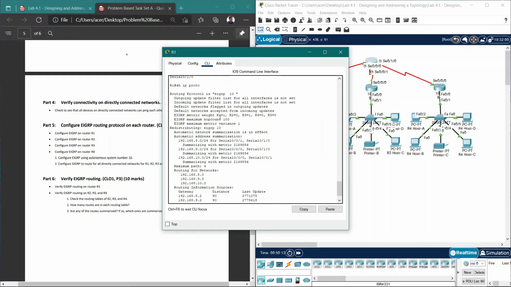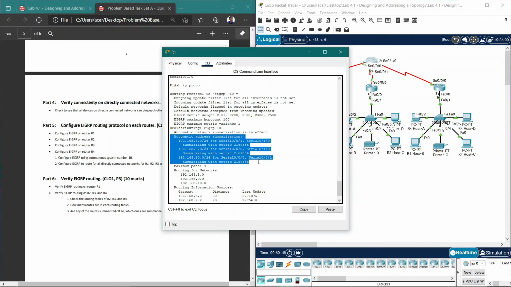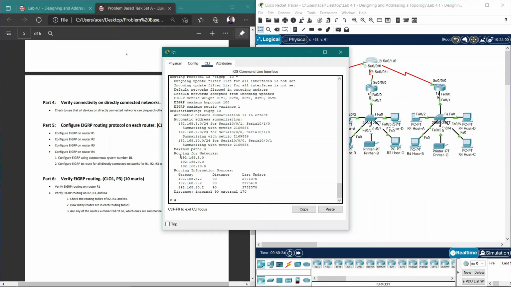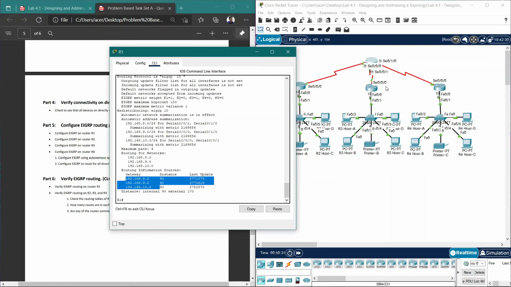In show IP protocols we can see the EIGRP 10 and the automatic address summarization for the three networks 8.0, 9.0 and also 10.0. Next we can see the routing for networks, also the same networks. Finally we can see the gateways of the three routers' serial 0/0/0 interfaces.